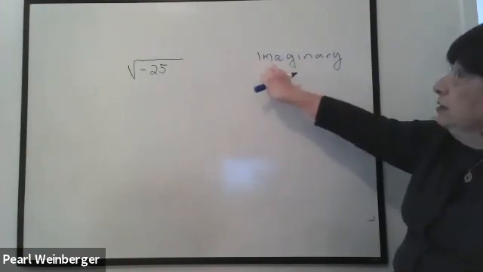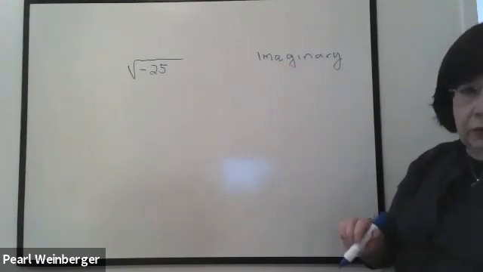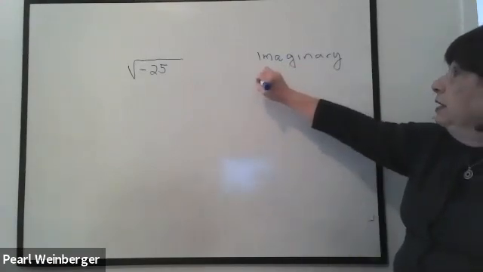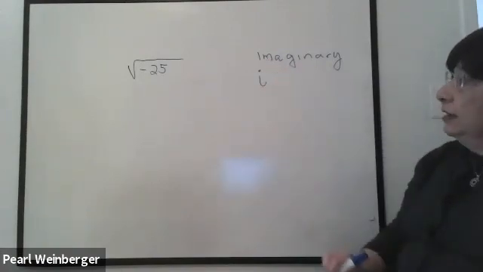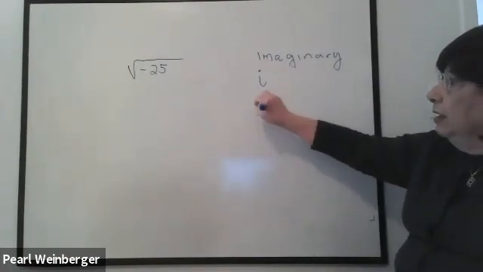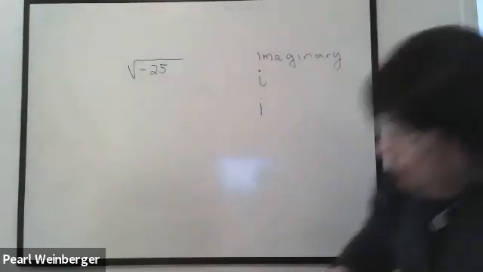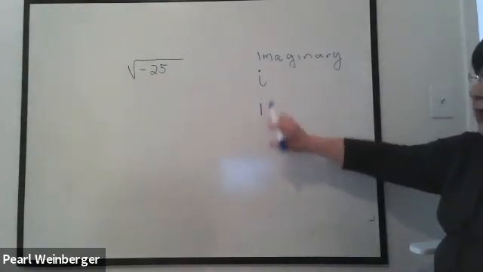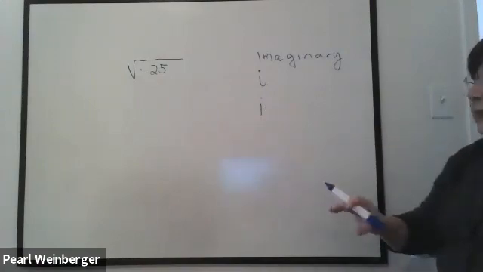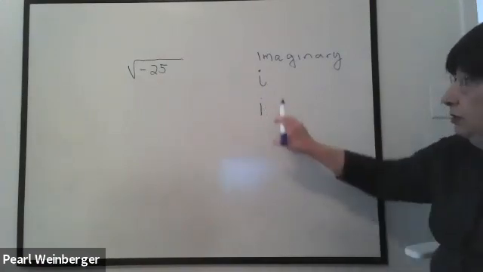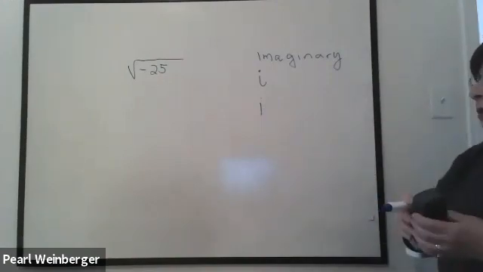Okay, there's only one new number in this new set of numbers. That number is indicated by the letter i, the lowercase i. Now notice, I'm not writing the i like this. It's a lowercase i. If I just put a straight line with a dot on it, it's possible you won't notice the dot, and it's going to look like the number 1.